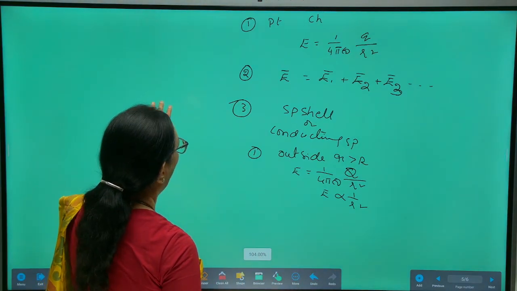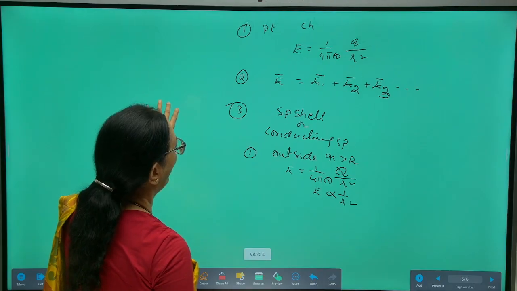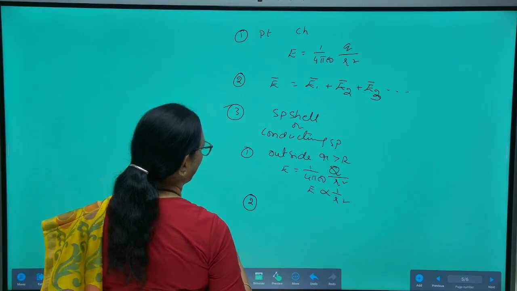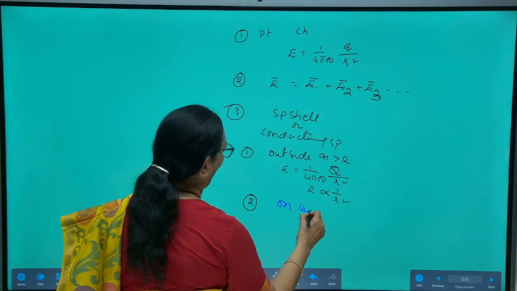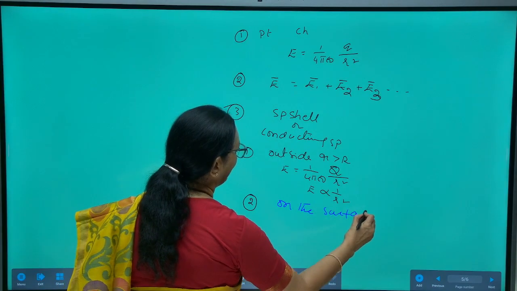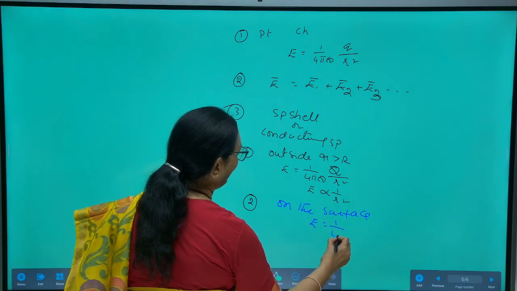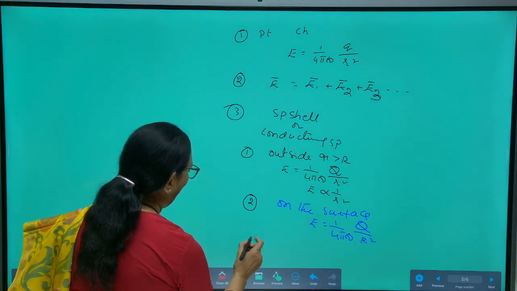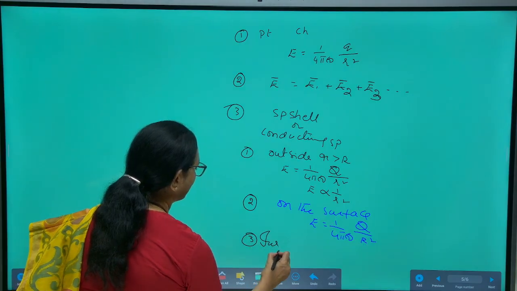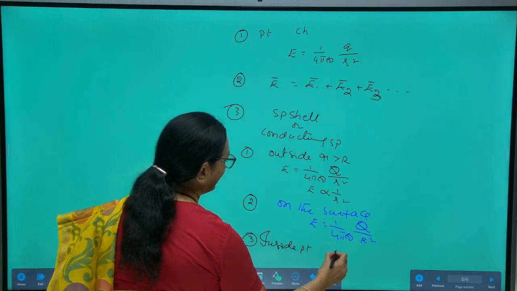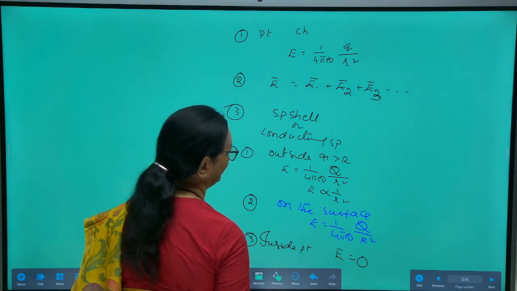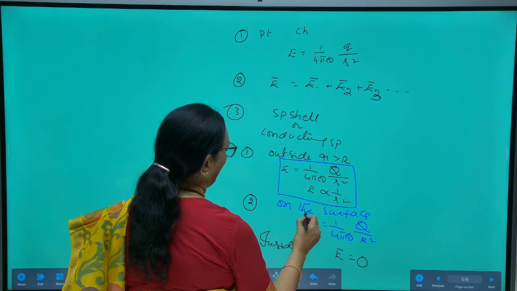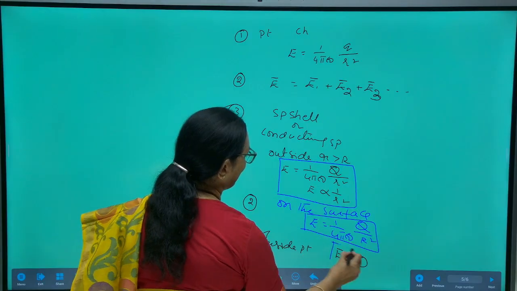Right? And at any point on the surface, E is equal to 1 by 4 pi epsilon naught Q by capital R square. At any inside point, E is equal to 0. Okay? So, outside point, on the surface, inside point.